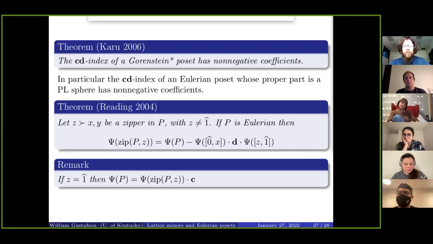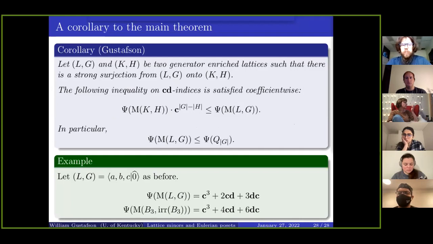Okay, so with these results and the zip construction, I get this corollary here. Same hypotheses as the zip construction theorem: we have a strong surjection from LG onto KH.